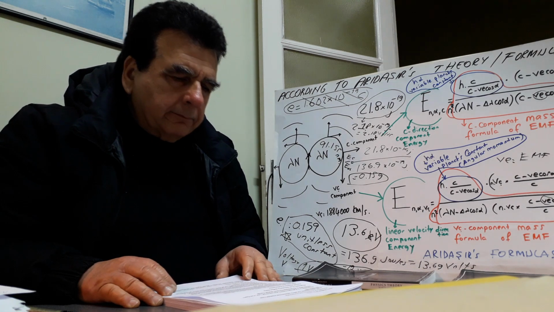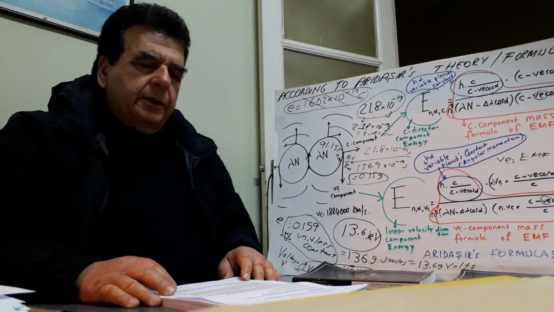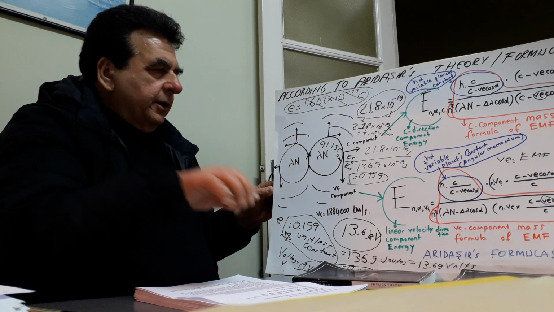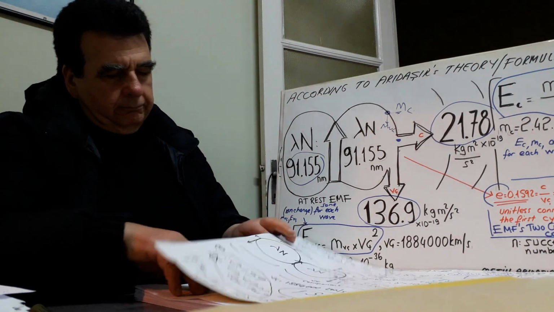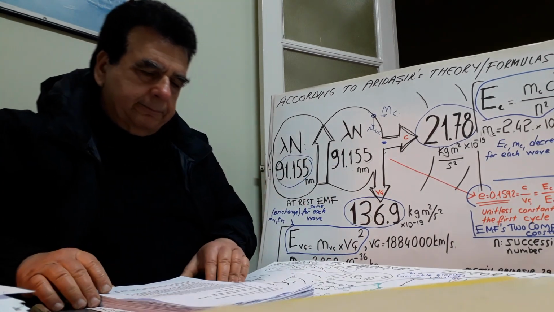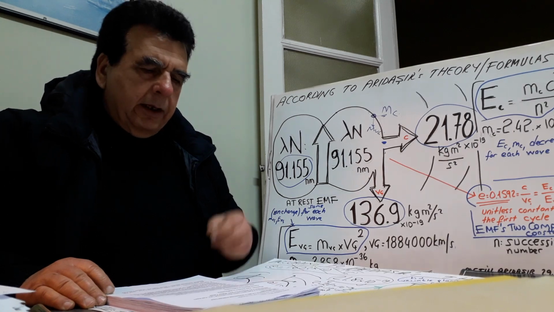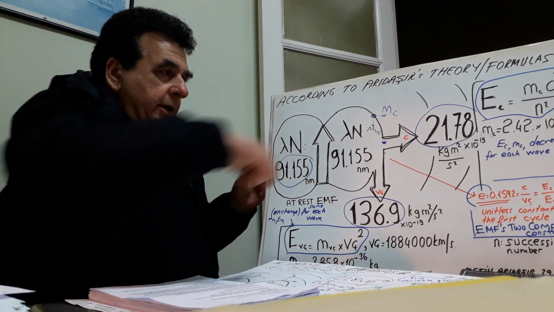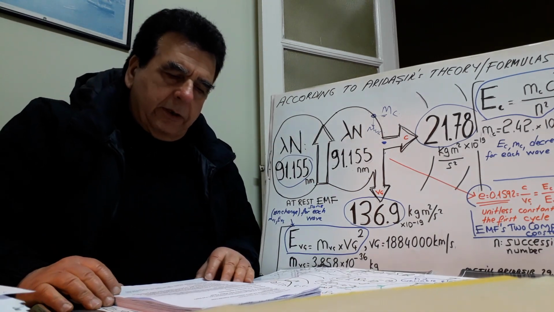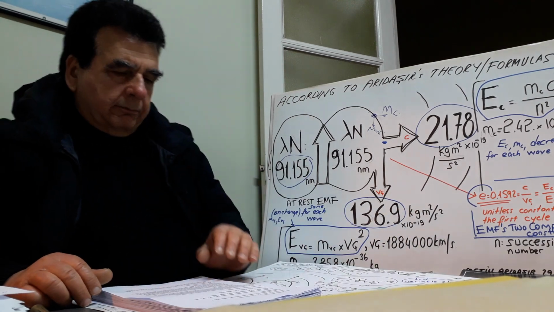What I mean by saying hydrogen-centric, I mean an electron motion form with 91.155 nanometer wavelength, that constituent part of hydrogen atom, and its corresponding point energy in the tangential, not speed of light direction, tangential velocity component is 136.9 joules.